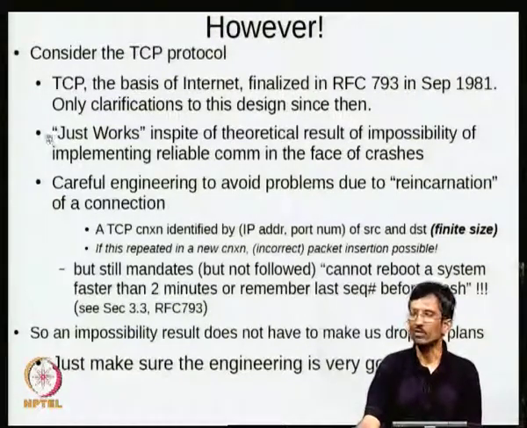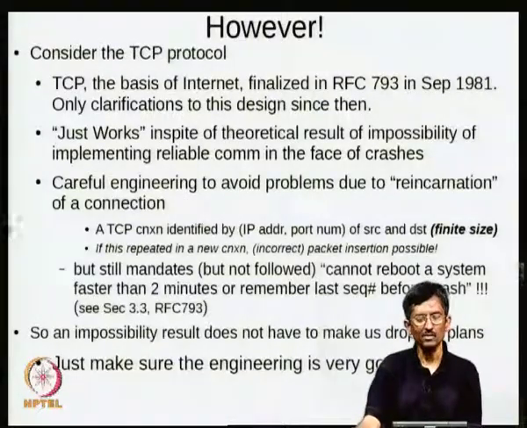We know the web is very widely used because we use the TCP protocol, and TCP really works quite well. But there is a result which shows the impossibility of implementing reliable communication in case of crashes. So if you think carefully about TCP, it really works for us because of very carefully done engineering.